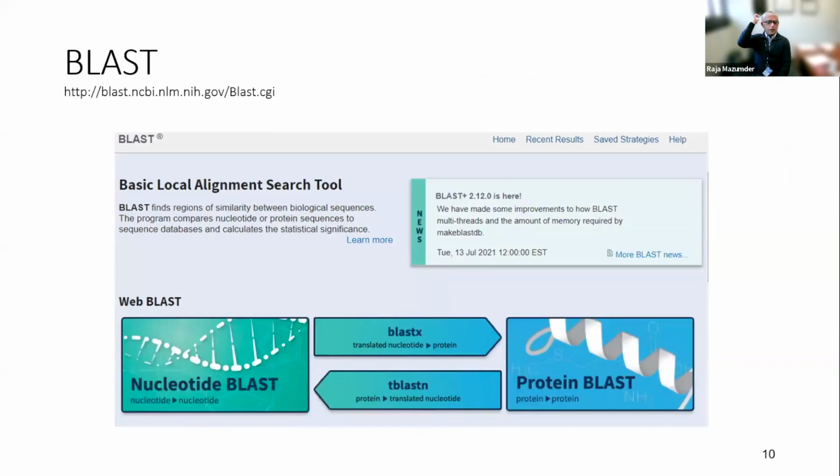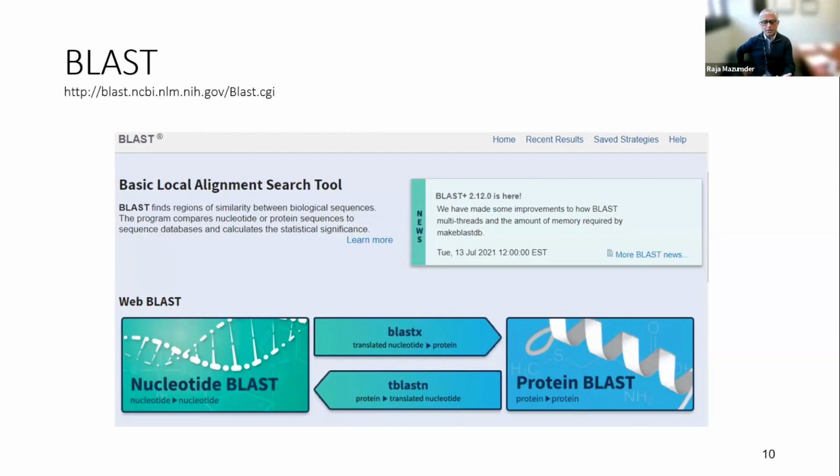As I mentioned, there's a nucleotide BLAST, there's BLASTX, TBLASTN, and protein BLAST. So DNA to DNA is nucleotide BLAST, and for protein you translate it to nucleotide on the fly, and you can do that to identify homologous sequences. BLASTX is translated nucleotide to protein, and then protein BLAST is where the input is also protein, and the pairwise alignment that you're getting is also protein.